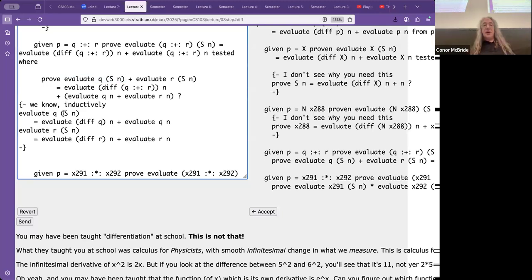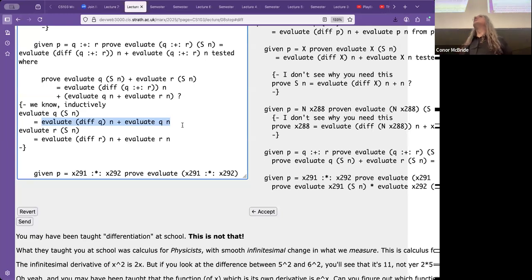So you have the option to replace in the goal this evaluate Q successor of N with what we know inductively that it's equal to, namely this thing: evaluate diff Q at N plus evaluate Q at N. You know that if you make that replacement when doing a by root, that you'll be able to justify that step.